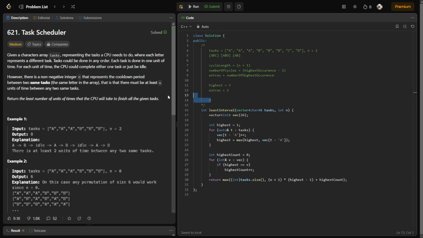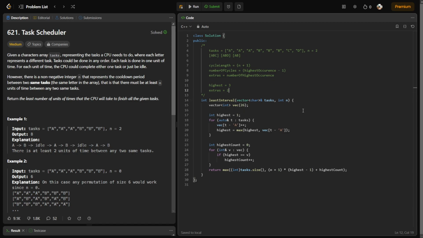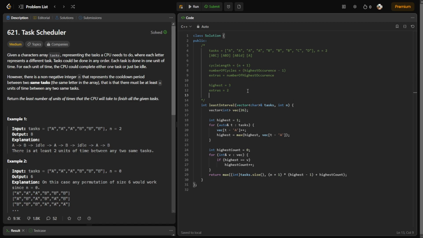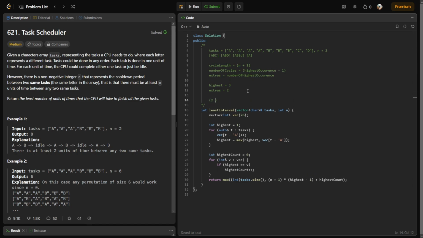All right. This works as well if there are 4 A's, for example. Then what we need to do is this will be idle and A, right? So in this case, the cycle length is still n plus 1. The cycle length is 2 plus 1. Okay, since now the highest is 4, right? The highest occurrence is 4, and the number of highest occurrence is 1, right?